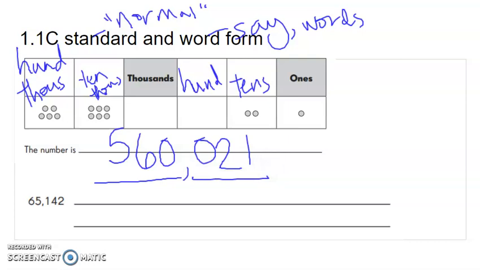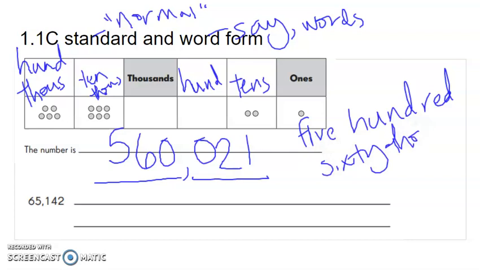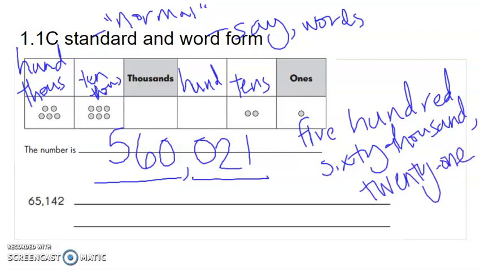So I would just write that out in words. Now, side note, you hear adults and kids all the time say the word "and." Technically, we don't do "and" unless it's a decimal. So, no ands, just 560,021 in groups.